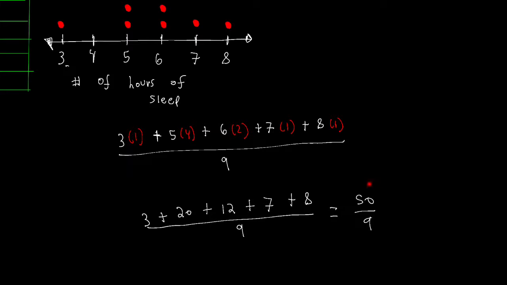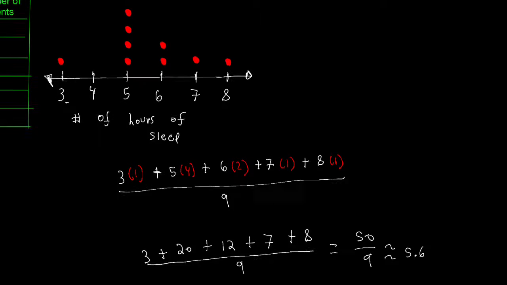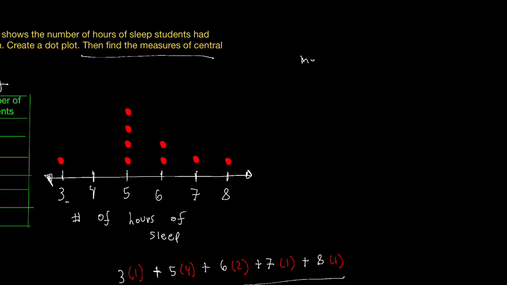So here we have 50 over 9, and if we put that in the calculator, we're going to get approximately 5.6. So that is going to be the mean. So we have a mean of approximately 5.6, rounding to the nearest tenth here.